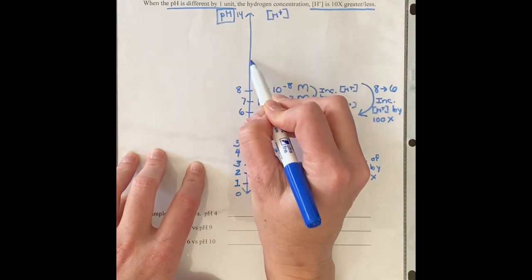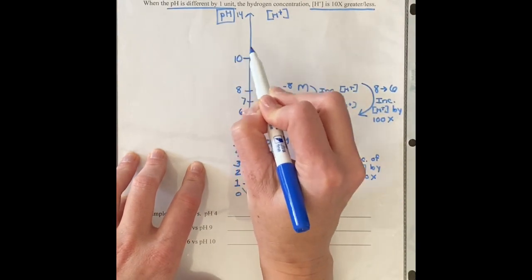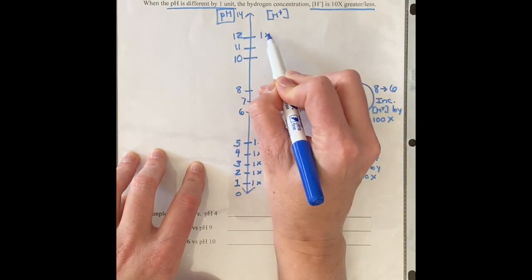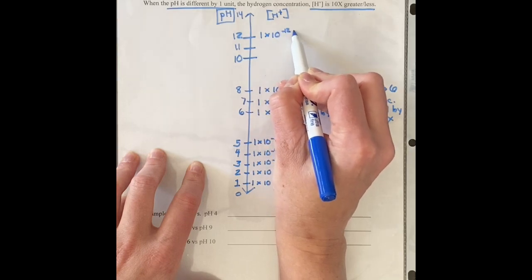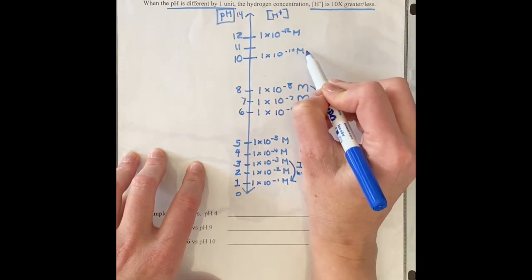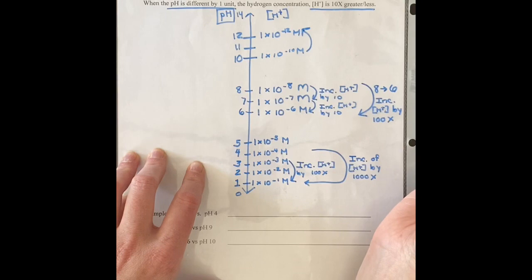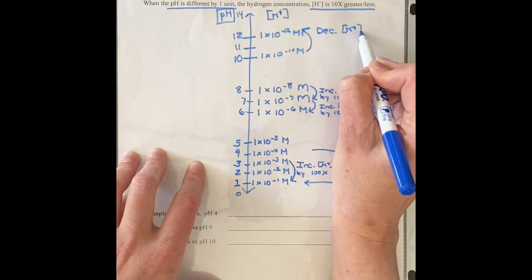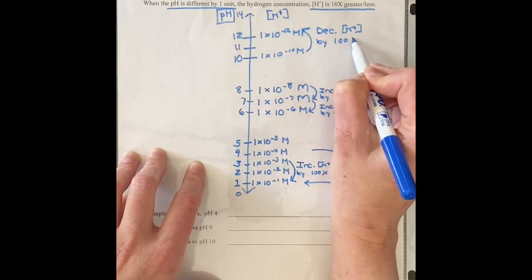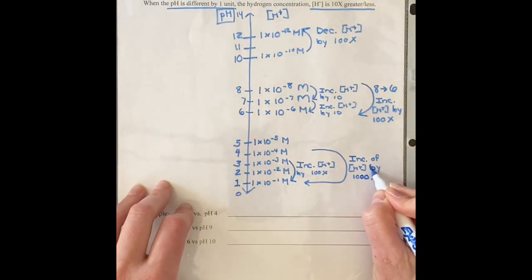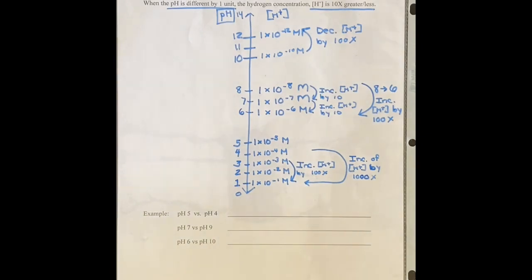If I went from, let's say, a pH of 10 to a pH of 12, well, then we would have a decrease in hydrogen ions by 100 times. Okay, and that's because we are going to a higher pH, so therefore it's getting more basic, and that hydrogen ion concentration is decreasing.